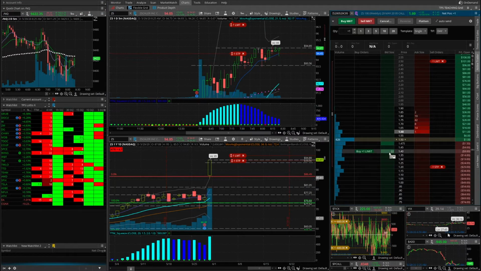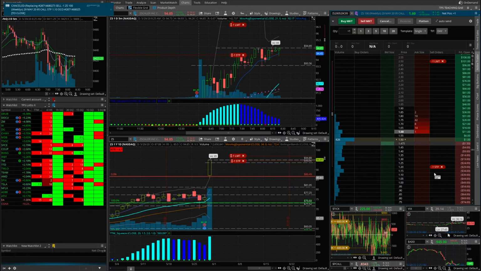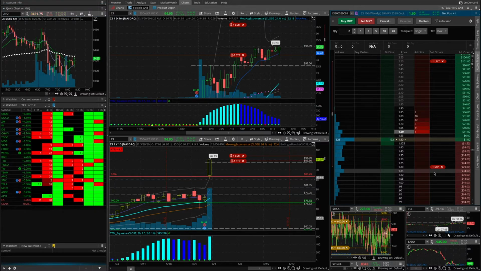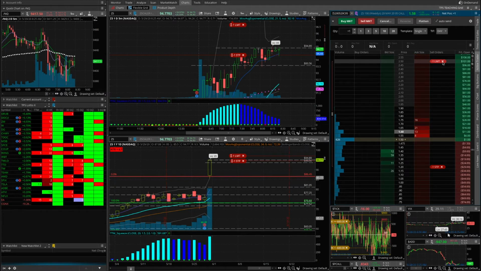Just make sure you're not moving it inside of the bid and ask because it will trigger that order. And then I can walk away knowing that I'm risking $30 to make $100, and it's going to do one or the other, and it'll stop out on either side if the price gets to that point.